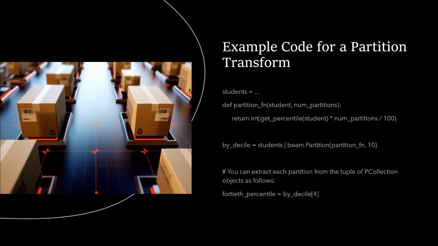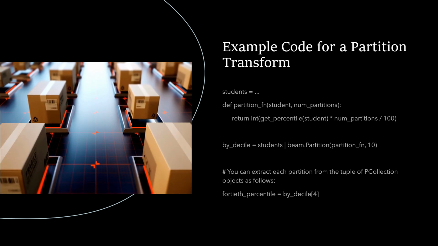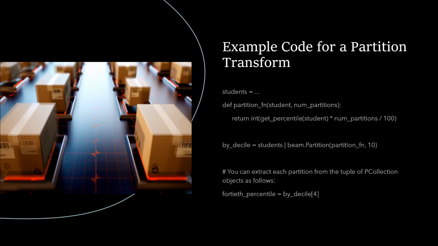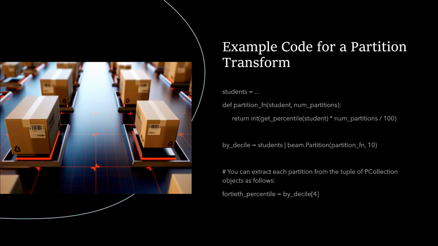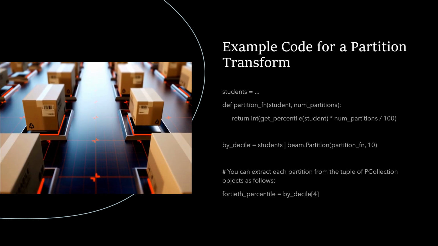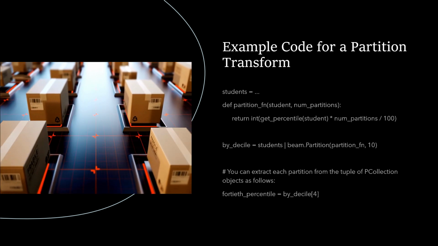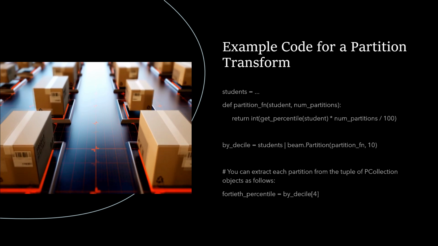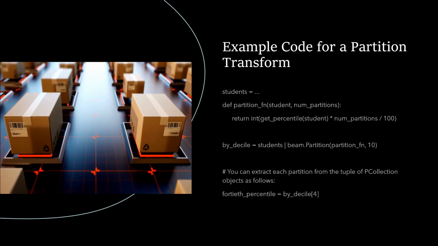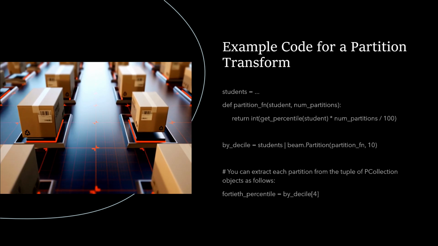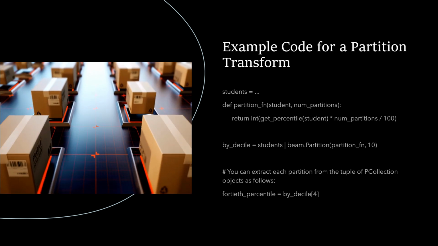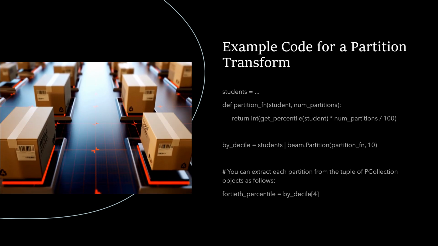With those rules in mind, let's take a look at the code. This particular example divides a PCollection into percentile groups. We start with our input PCollection variable students. We've defined a function called partition function, which takes 2 arguments. The first argument, student, is the element, while the second argument is the number of partitions. Both are required to apply the Beam partition transform. In the return section of our function, we define the logic of how we would like the partition transform to split up the PCollection.